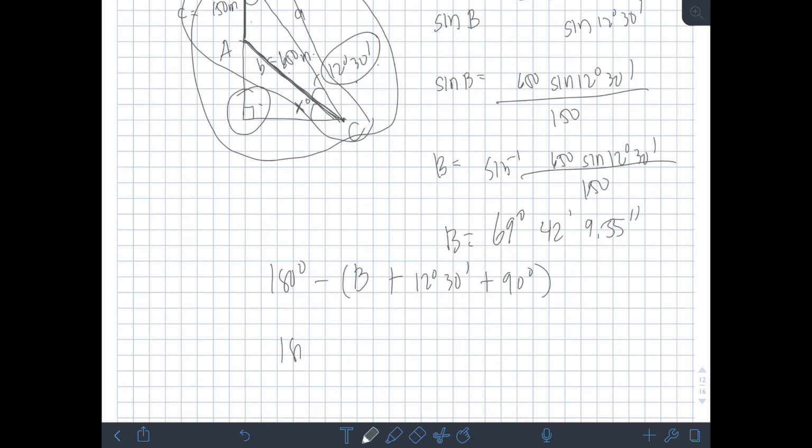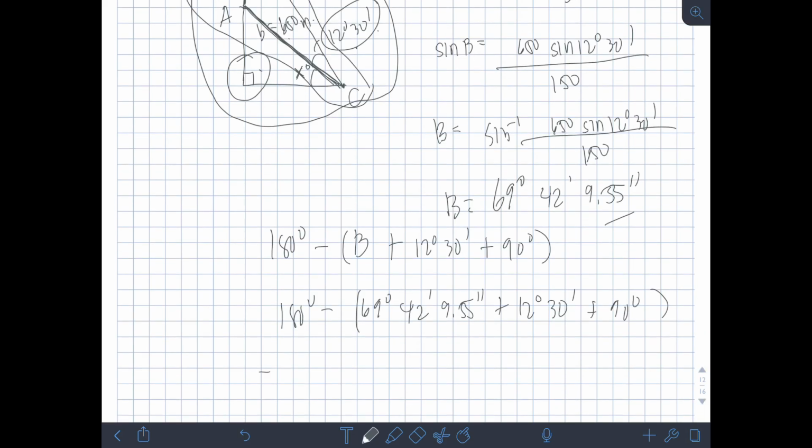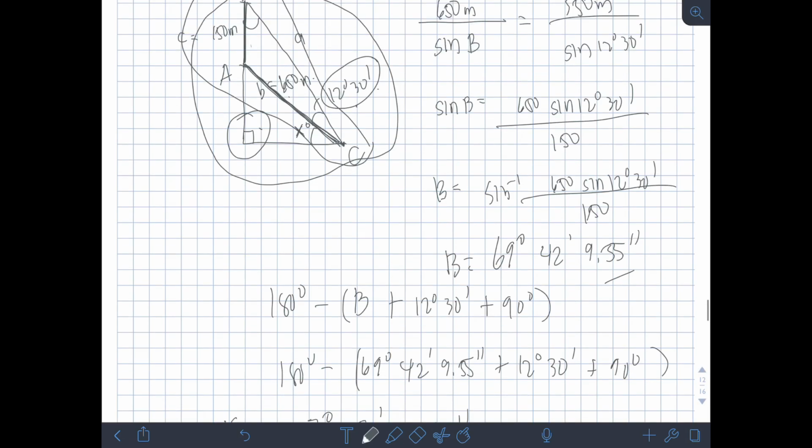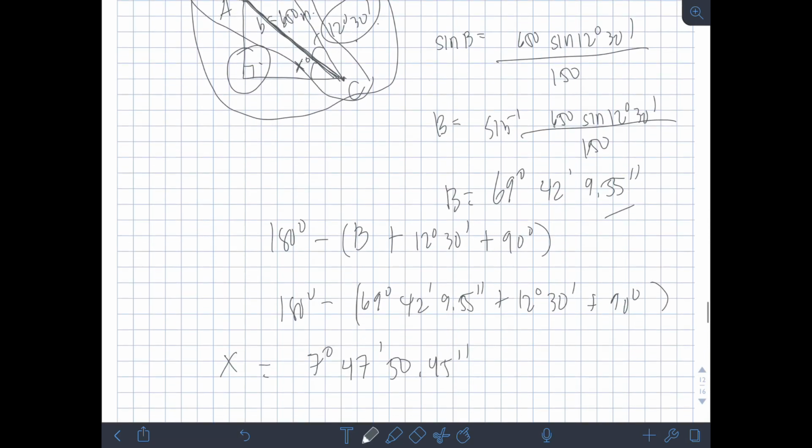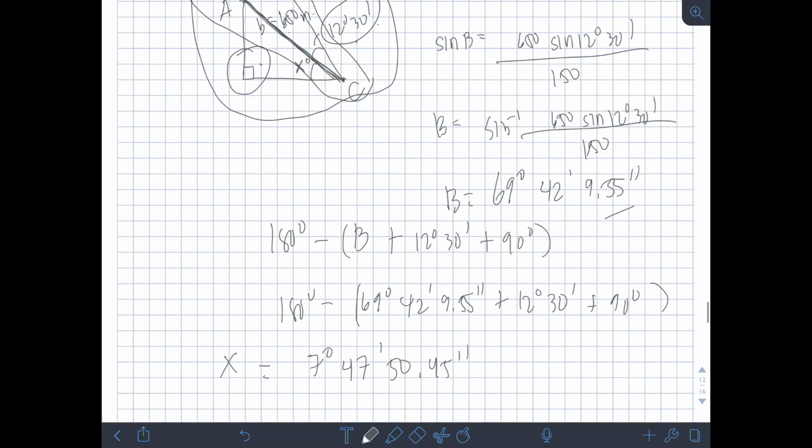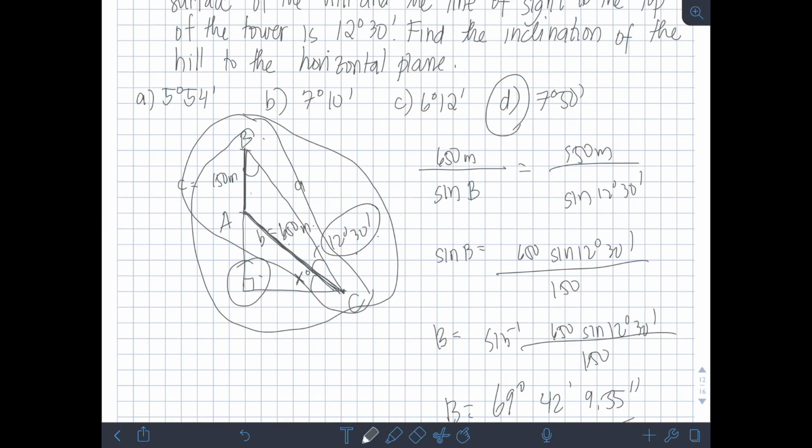So, we have 180 degree minus yung nakuha nating B is 69 degree, 42 minutes, and 9.55 seconds plus 12 degree and 30 minutes plus 90 degree. So, using calculator, masasolve natin si X as 7 degree and 47 minutes and 50.45 seconds. So, therefore, our answer is letter. So, pinakamalapit si letter D.